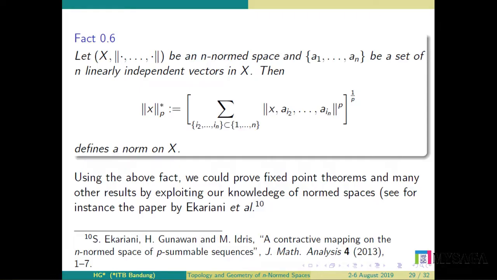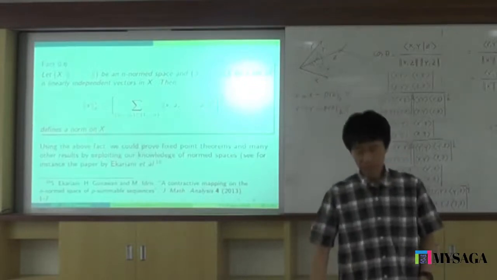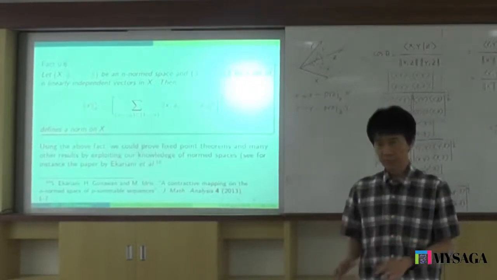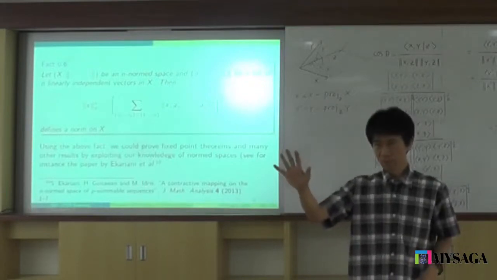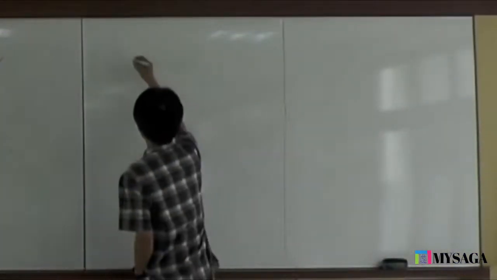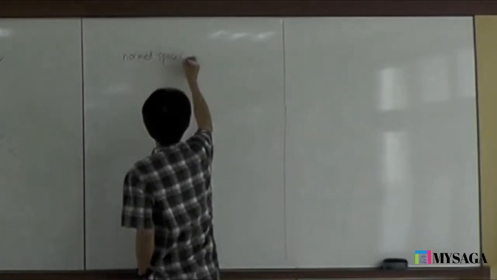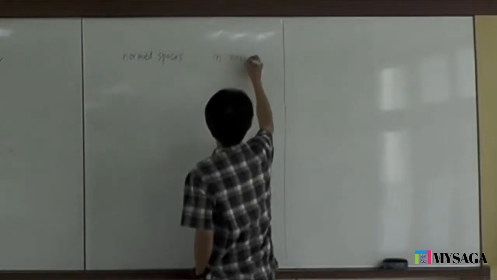Using this fact, we could prove fixed point theorems and many other results by exploiting our knowledge of norm spaces. So the difference with many other people who work on this subject is like this. We have a norm space here, we have an n-norm space there. I don't know if I can visualize this. We have norm spaces, we have n-norm spaces.